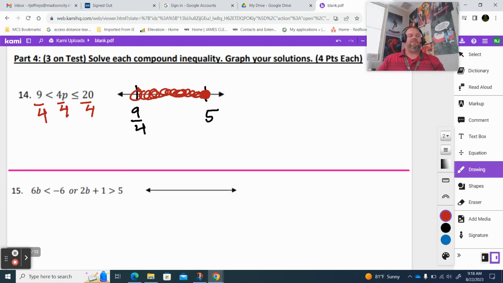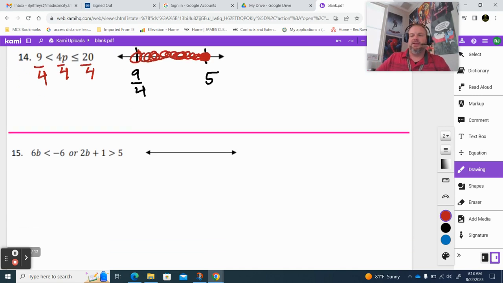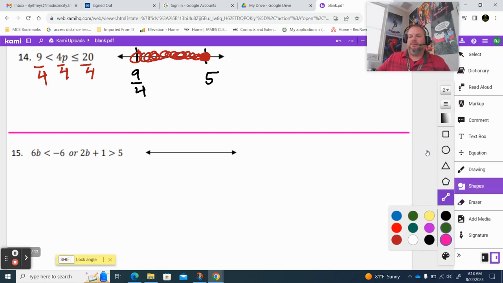All right. So that's number 14. Number 15. All right. Remember that these are two totally different problems. Okay.